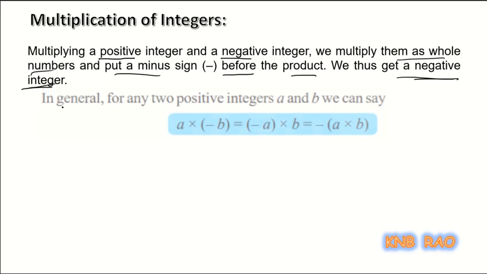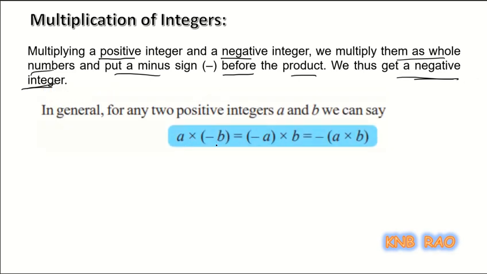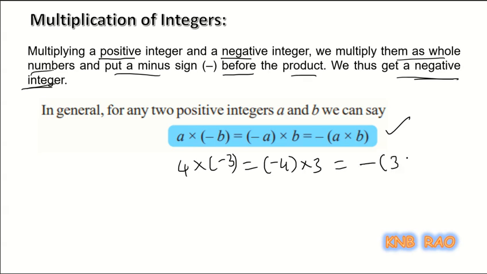So, in generalization, we say a into minus b or minus a into b is the same as minus of a into b. So, that is what I said when I multiply 4 by minus 3 or minus 4 by 3, the result is the same as minus of 3 into 4.